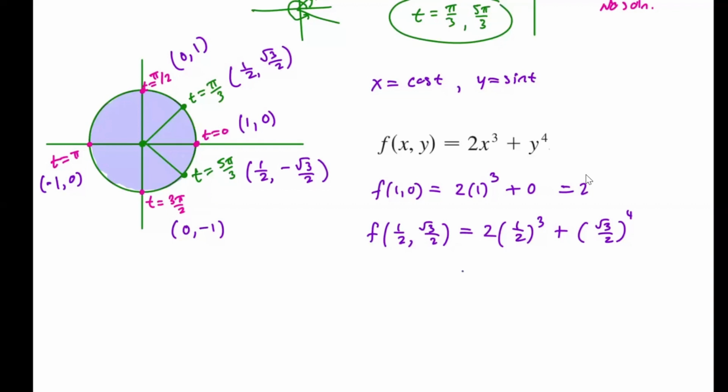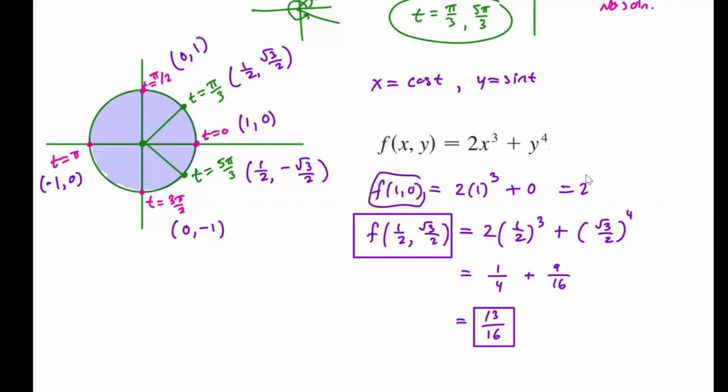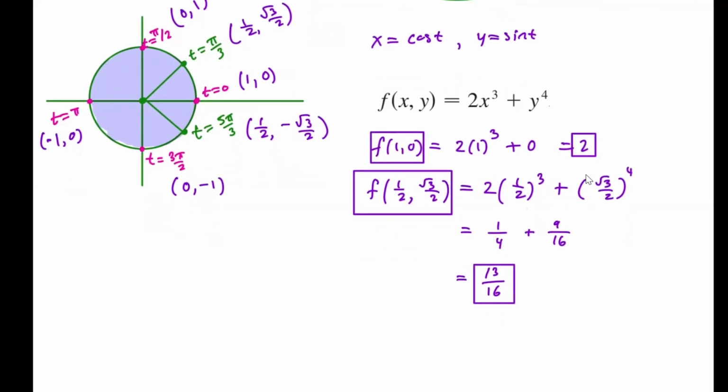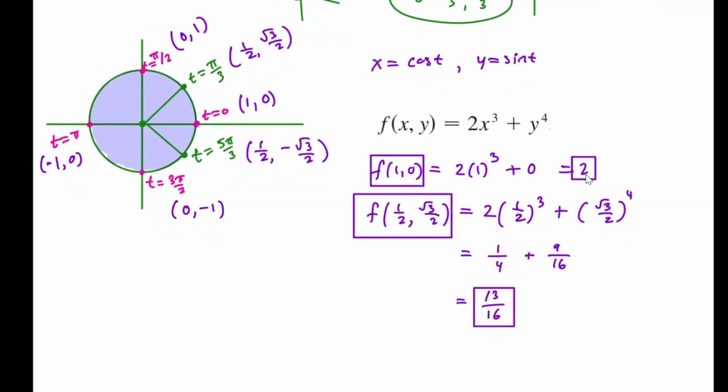So this gives us about 1 over 4 plus about 9 over 16, which will give us about 13 over 16. All right, so let's hold on to that. So this is the function value at these two points, and at 1, 0, we have 2. We have a couple more to go through.